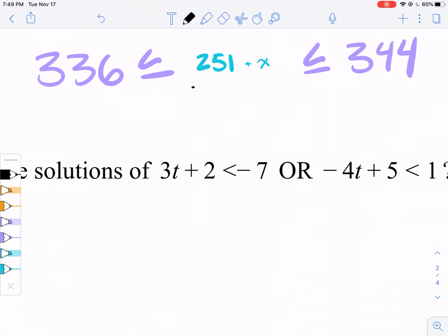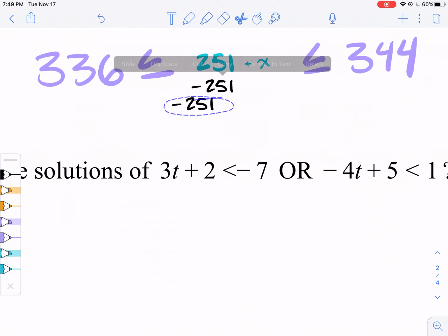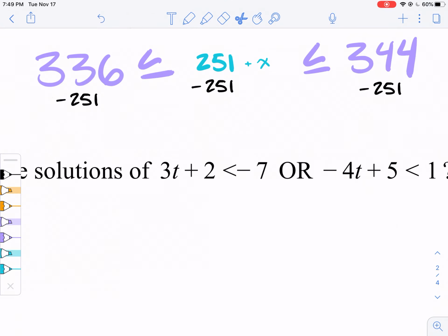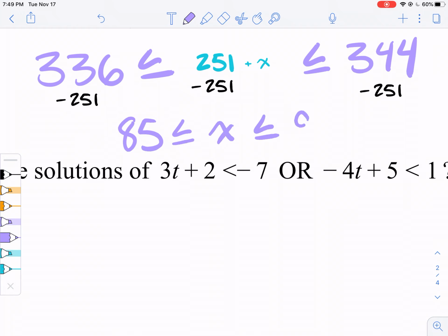And now to find out what x is, all we have to do is subtract 251 from each part of our inequality. And that gives us that 85 is less than or equal to x is less than or equal to 93. And for consistency's sake, let's keep our x blue so we can find it.